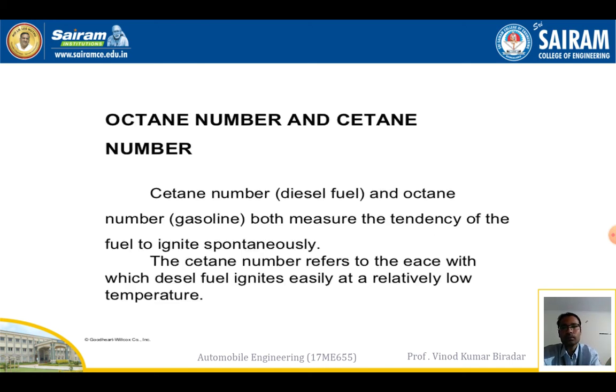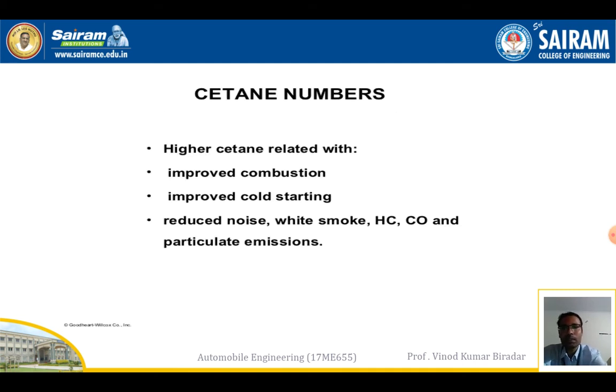What do you mean by octane number and cetane number? The cetane number for diesel and the octane number for gasoline both measure the tendency of the fuel to ignite spontaneously, that is, at the same time. What is the purpose of using the cetane number?